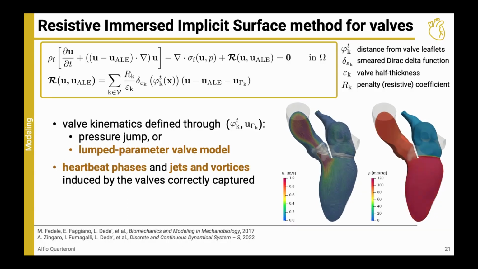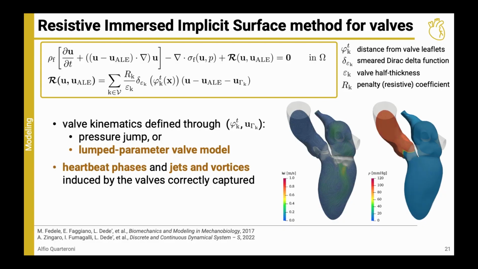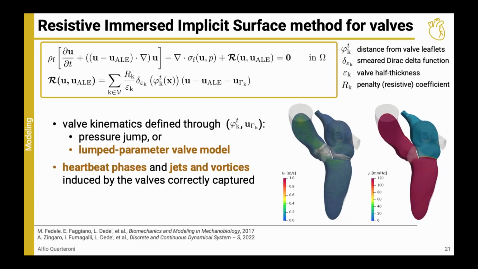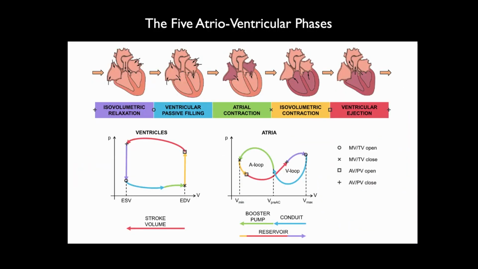And here you have the difference between the velocity field of the blood and the velocity of the rate of deformation of the valve. We call it the resistive immersed implicit surface method for valves. This is a way we simulate the fluid dynamics, accounting for the dynamics of the valves. By so doing, we are able to reproduce all the critical phases of the heartbeat.